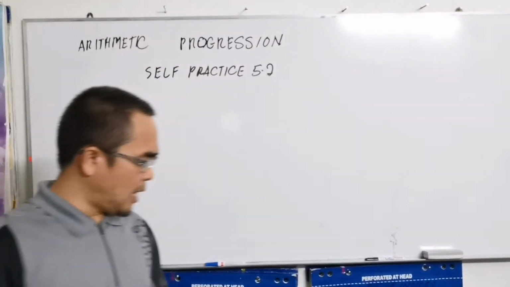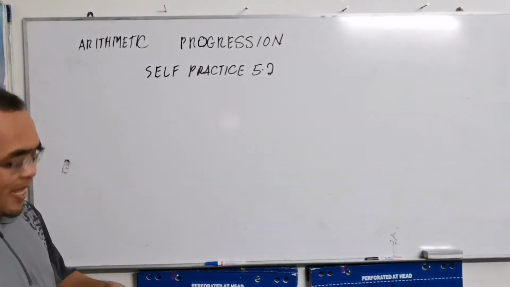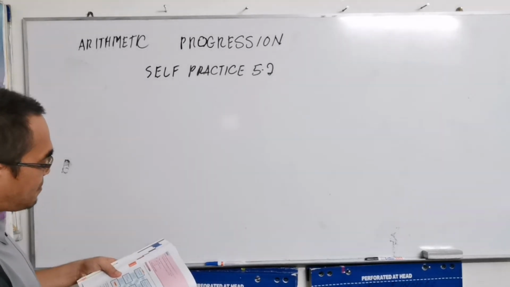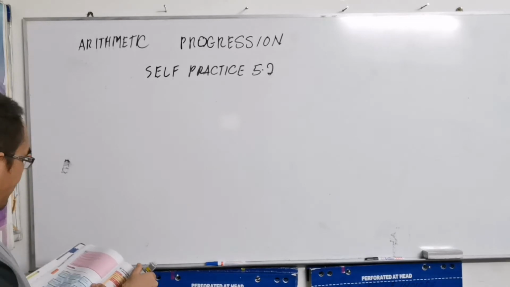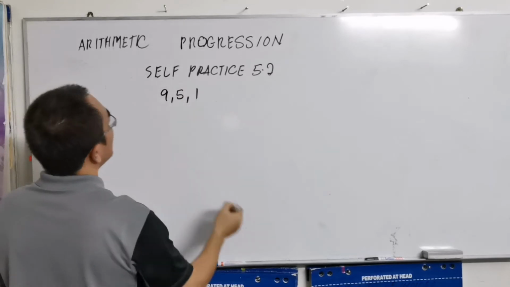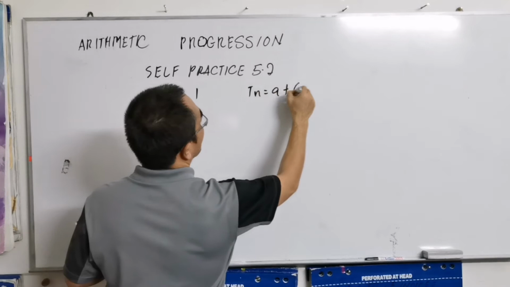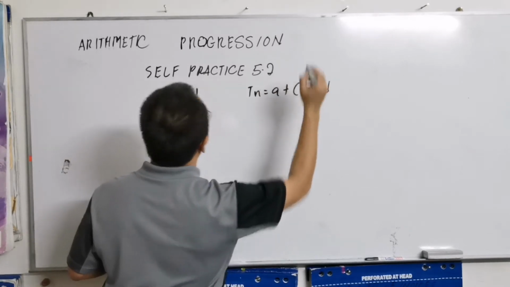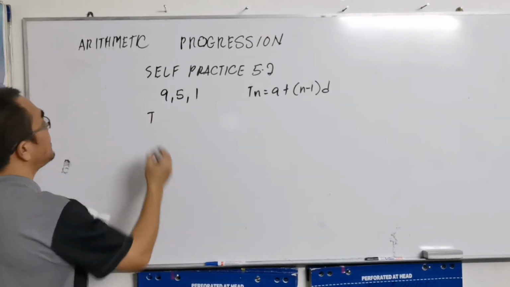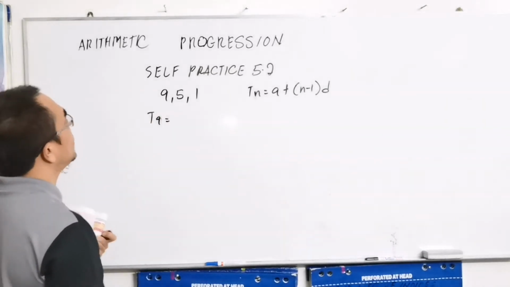Okay, self-practice 5.2. We do from the start. Okay, so the question for the start is find the 9th term in the sequence 9, 5, 1. Take note of the formula: Tn is A plus n minus 1 times D. So find T9.